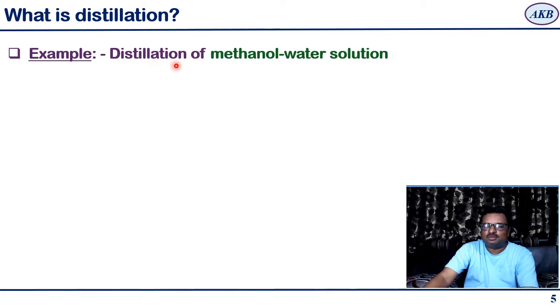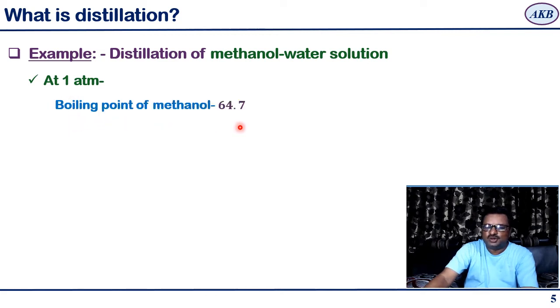At 1 atmosphere, the boiling point of methanol is 64.7 degrees Celsius, whereas the boiling point of water is 100 degrees Celsius.